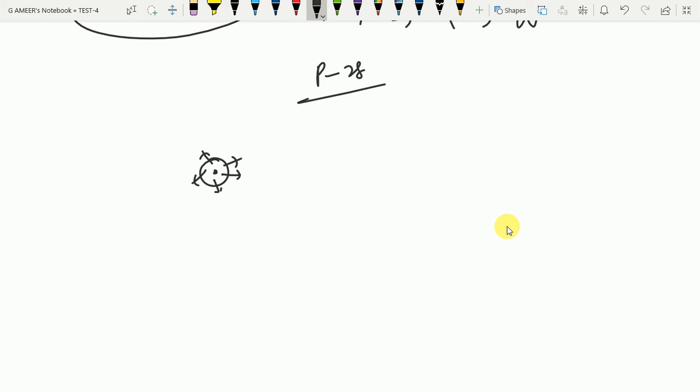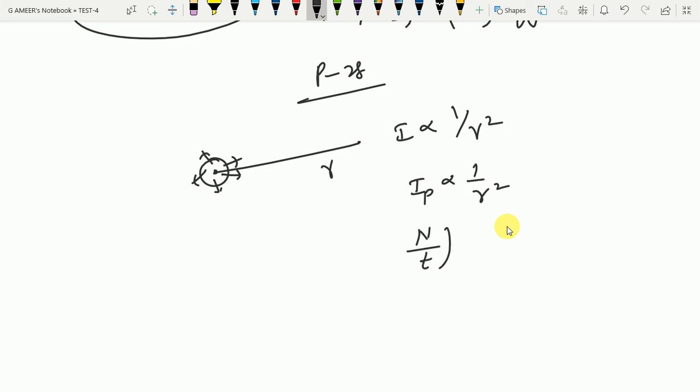From a point source, the intensity at a distance r is inversely proportional to r square, that is, proportional to 1 by r square. This I told you in the waves on a string or sound wave chapter. That means photo current is also proportional to 1 by r square, so the number of photons emitted per unit time is also proportional to 1 by r square.